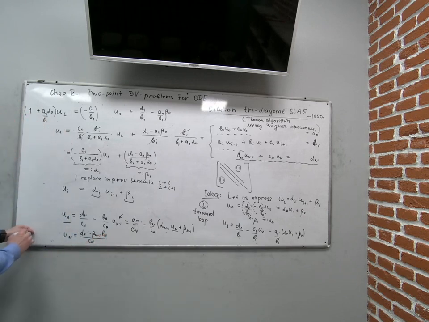And here I have 1 plus bn alpha n minus 1 divided by cn, right?